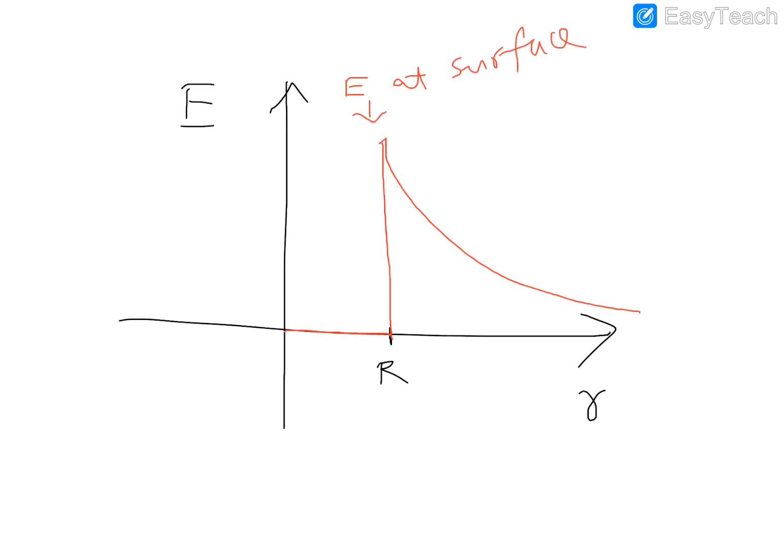This is E outside. And from here to here, the electric field inside is equal to 0. So this will be the graph, and this graph is very, very important.